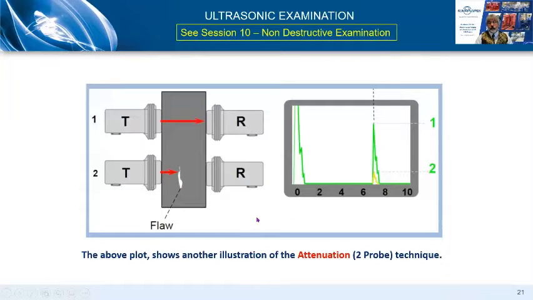If you can easily get to both sides of the part, such as on a plate, you can use the more accurate attenuation technique, which uses a separate transmitter and receiver. So here you'd move the transmitter and the receiver down the plate until you saw the flaw indicated here. And the second peak is the bounce off the back of the sample.